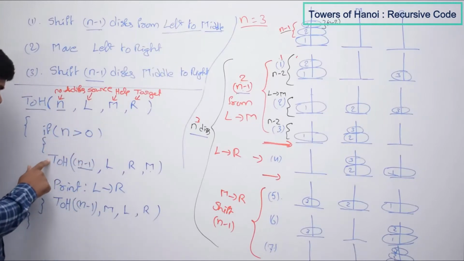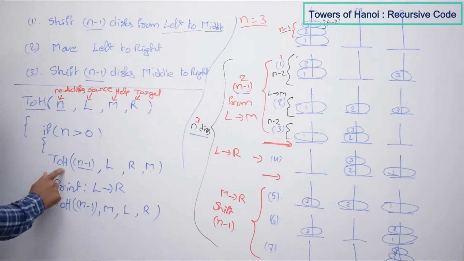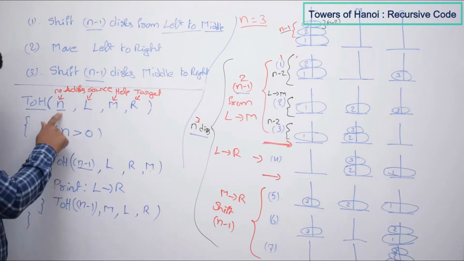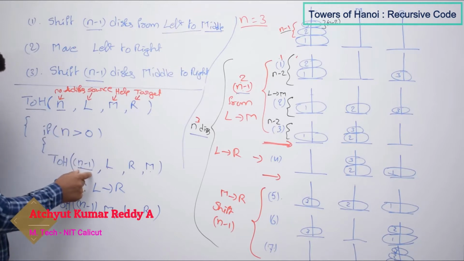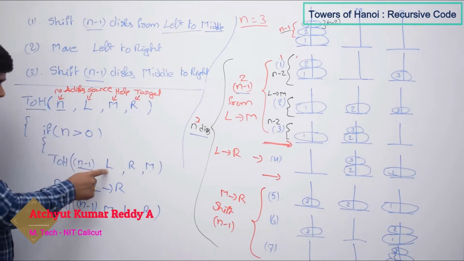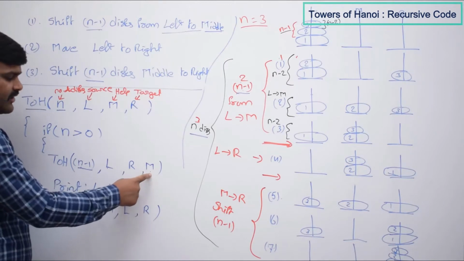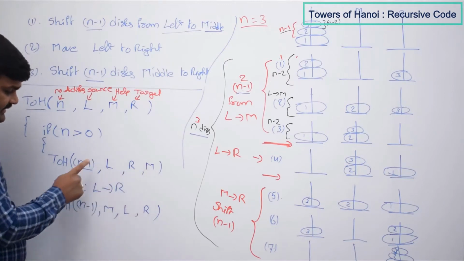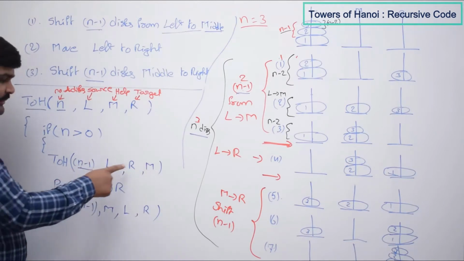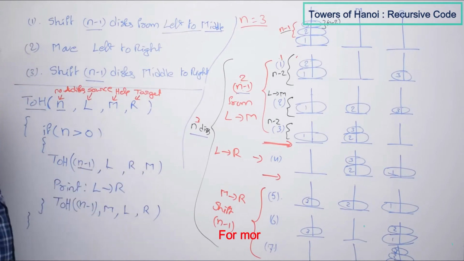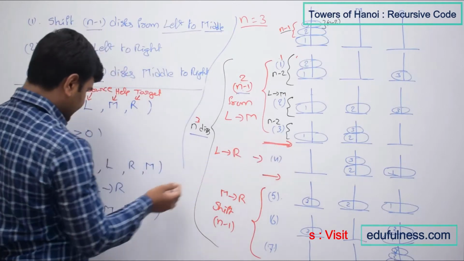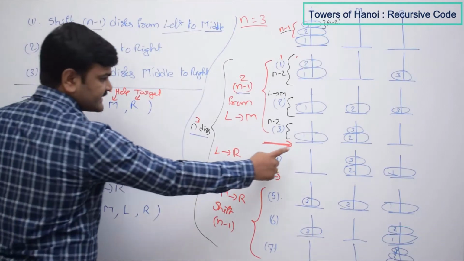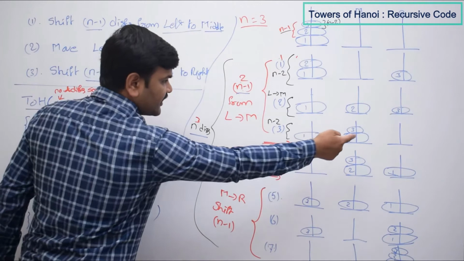Now if you come to the first step, to shift these n disks, first of all n minus 1 disks you have to shift from left to middle. Because M is the target now for these n minus 1 disks, M is at the target position. After shifting, this is the status, then you shift this disk from left to right.